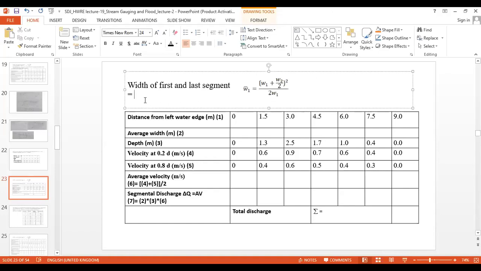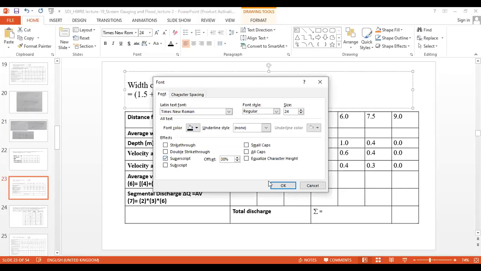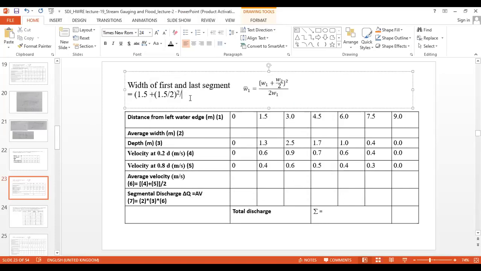That is equal to the width of the first one, which is 1.5 meters, plus half of the width of the adjacent, that is again 1.5. So 1.5 upon 2, bracket square. This is a square I have to consider. Divided by 2 times the width of the first one or the last one, that is 2 into once again 1.5.